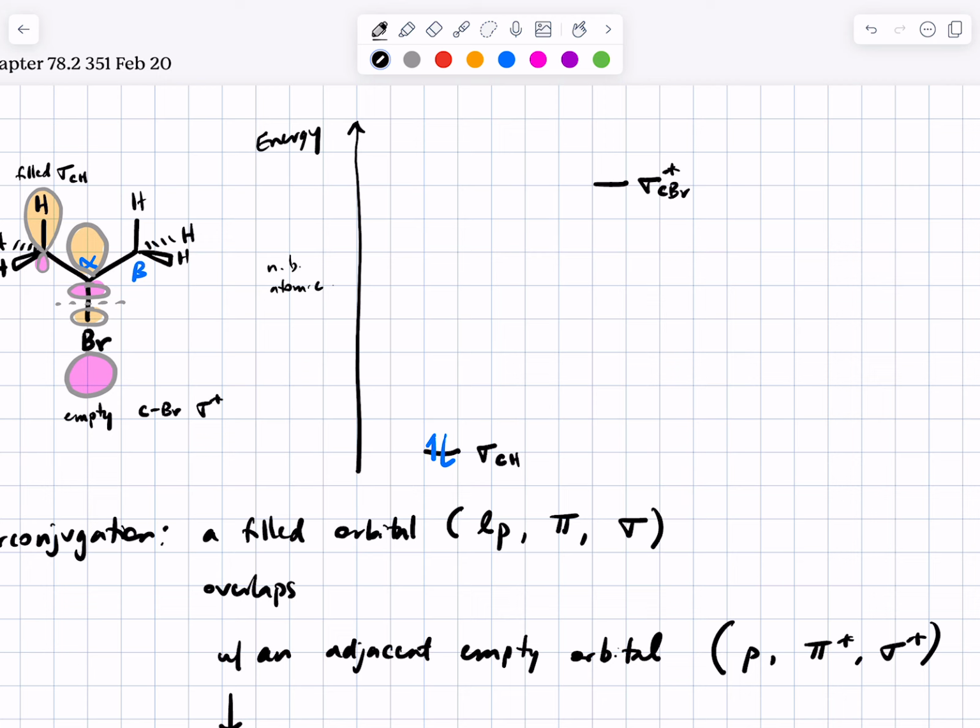Now, if we're going to have a filled orbital mix and overlap with an empty orbital, we've done that before a ton of times. That was the first thing we ever did in this class, where we had two 1s orbitals from two hydrogens interact to form a bonding orbital and an anti-bonding orbital, right? What we're going to do here is very similar. We're going to mix the filled bonding orbital with the empty anti-bonding orbital, and we're going to get two new orbitals out, all right?